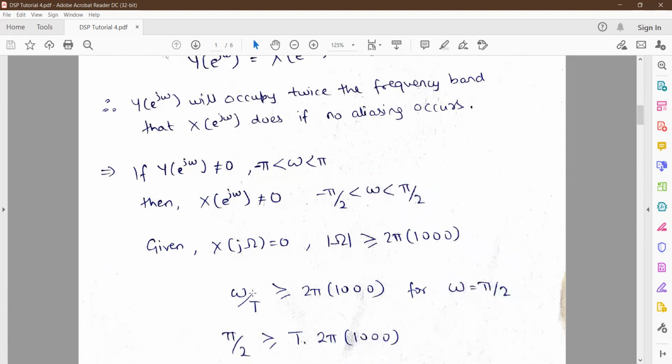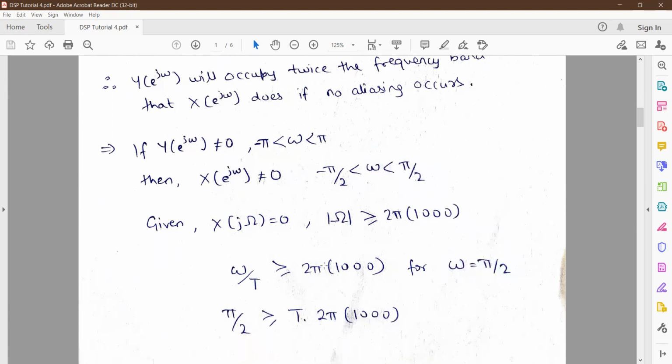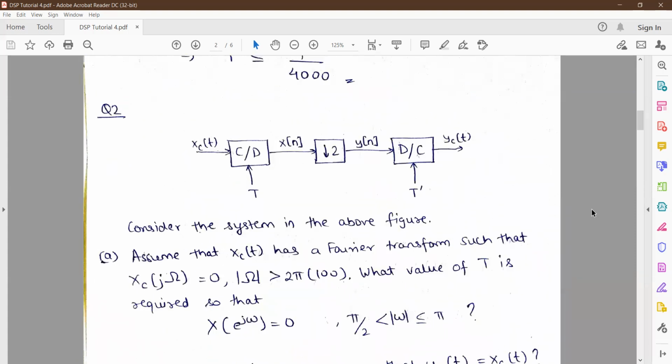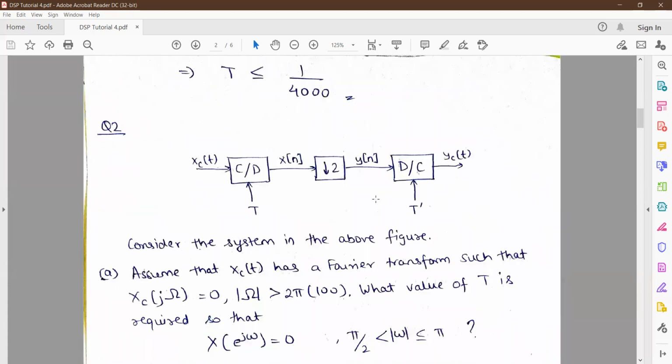So we can substitute it here, and using this we can find T simply by solving this inequality, and that will give us T less than or equal to 1 by 4000.